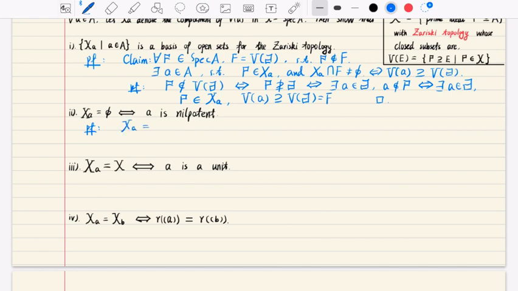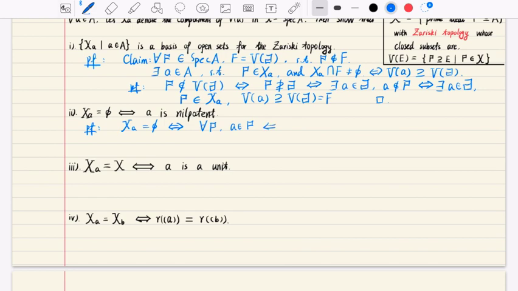XA is empty, which means that there is no prime ideal that does not contain this element a, which means that for any prime ideal P, there is an element in it.